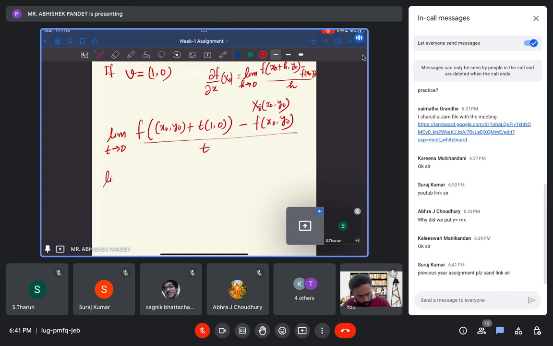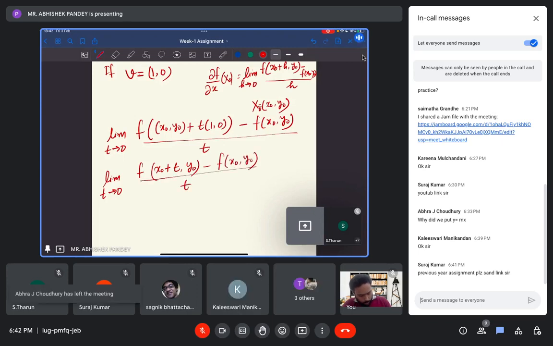This is nothing but limit t tends to 0 f of x naught plus t comma y naught minus f of x naught comma y naught upon t. And this is nothing but del f by del x at point x naught.